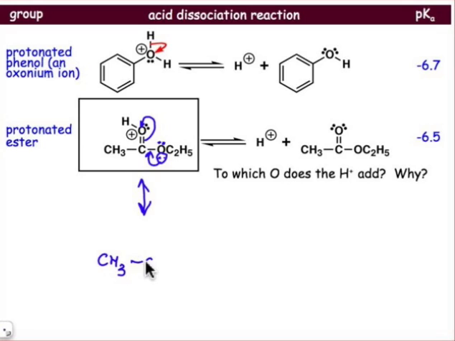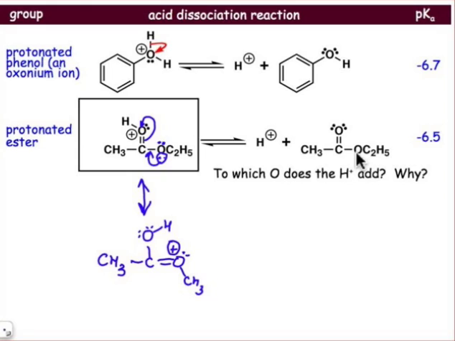Being able to spread charge over two atoms is definitely an important factor that contributes to stability of a charged species. And you'll see in just a moment that we could not have spread that positive charge over both oxygen atoms had we protonated what I was referring to as an sp3 hybridized oxygen.